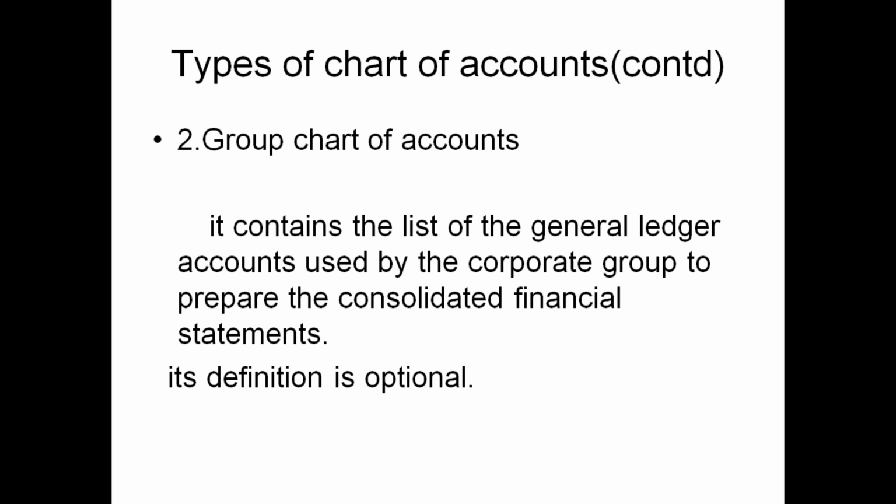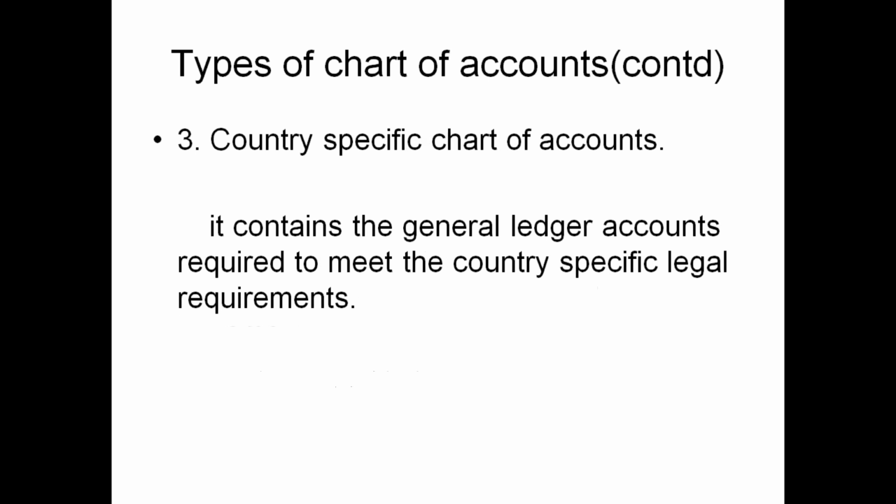You want a fair idea of where we stand at a global level. For that you can go for the group chart of account. It contains the list of GL accounts used by the corporate group to prepare the consolidated financial statement. So we have all the information under the group chart of account.